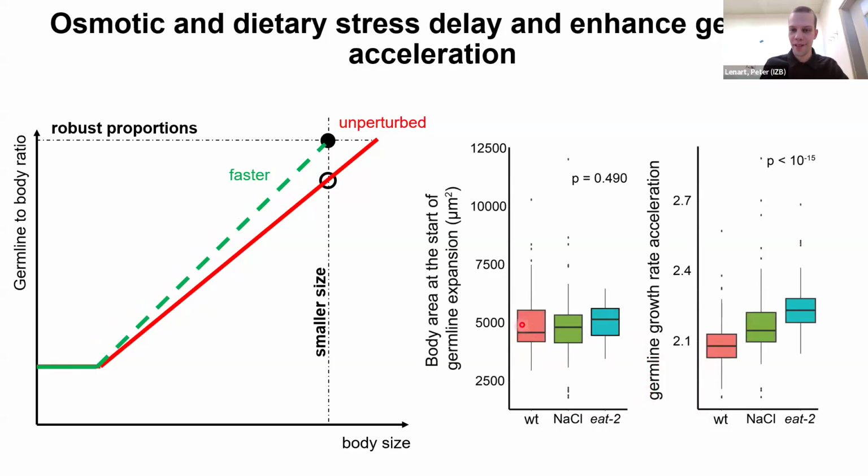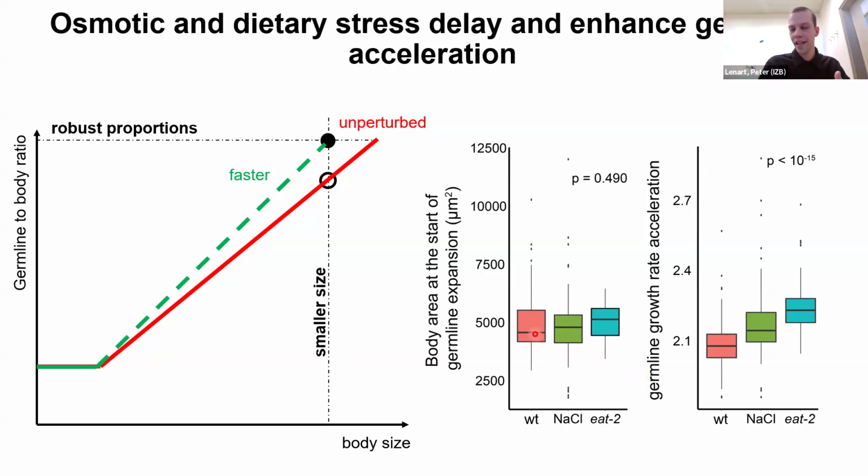This might seem trivial, but for me it was very surprising that the body size at this expansion is the same, because these stressed worms grow much slower. So it takes a much longer time to get to this size, and also they end up being smaller. So this size corresponds to a higher fraction of their final size.